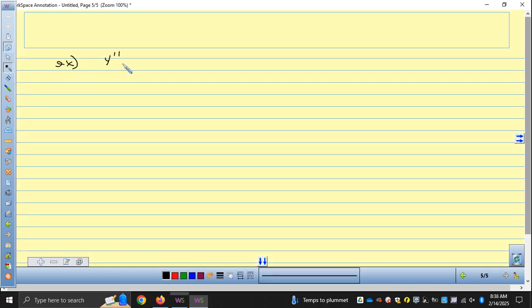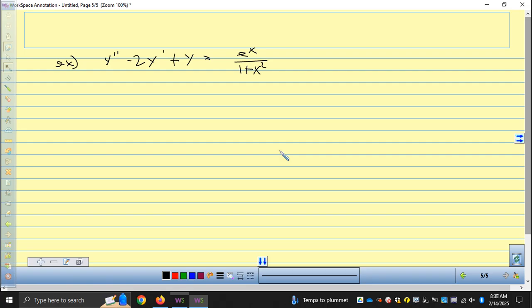Y double prime minus 2y prime plus y equals e to the x over 1 plus x squared. That is not a function on the right-hand side that we could use undetermined coefficients to find. So we're going to use variation of parameters.